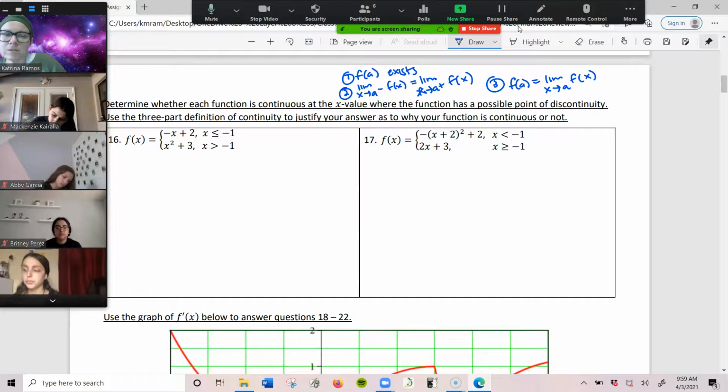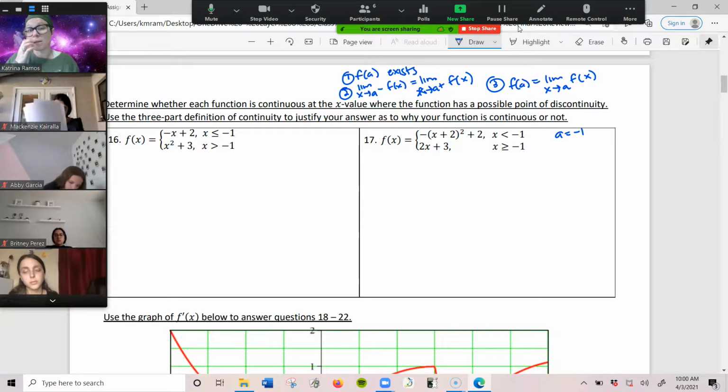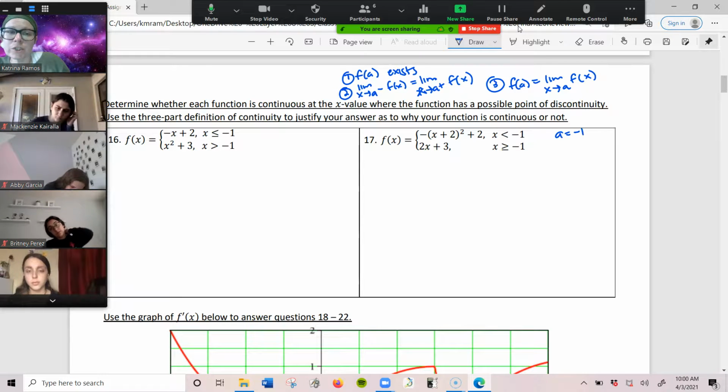The possible point of discontinuity is where your piecewise function splits, which you see here in your inequalities. Our piecewise function splits at x equals -1. So a in this part of our definition is -1. So we want to check to see if it exists, which it does, right?